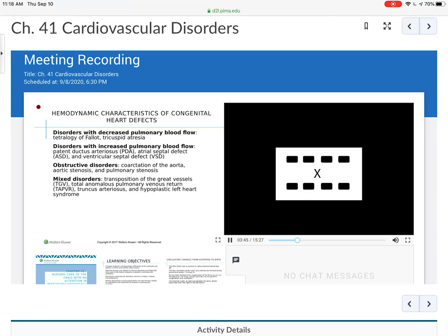Some of the disorders that we see, one of the biggest ones is tetralogy of Fallot, which has decreased pulmonary blood flow. You're not going to have to remember any of the medications for heart disease, because it's typically the same as it is for adults. So we really don't have many differences there.